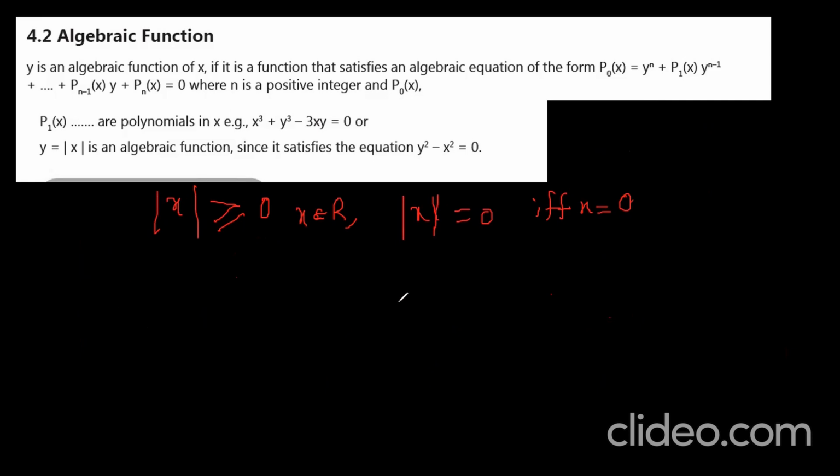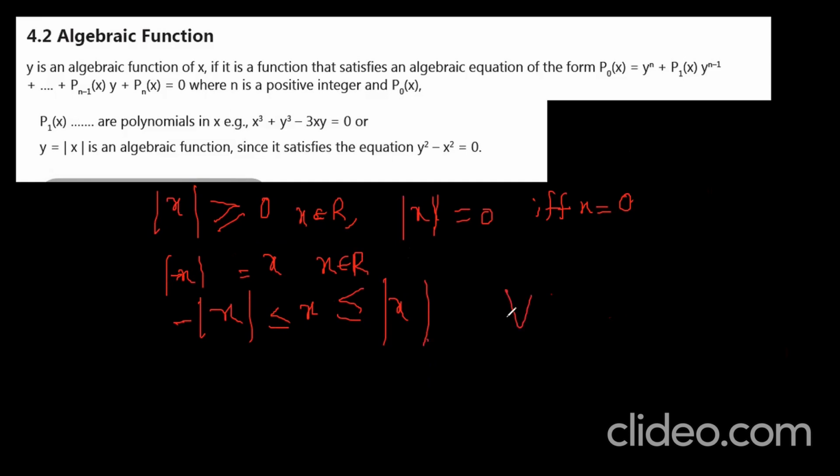Am I right? Very good. Mod minus x is equal to mod x for all x belongs to R. Okay. And minus mod x less than or equal to x less than or equal to mod x for all x belongs to R, right? It is going to lie between minus and positive mod x.